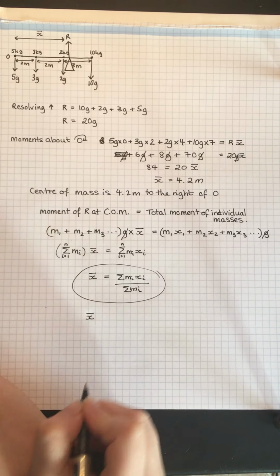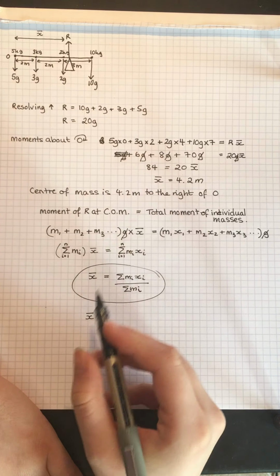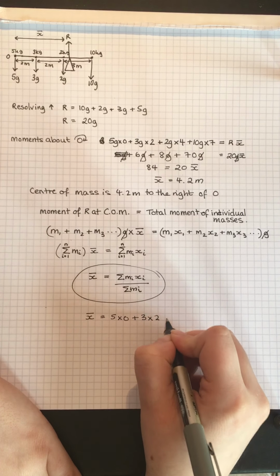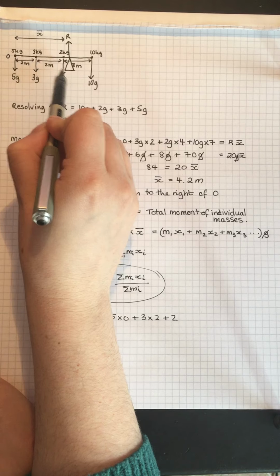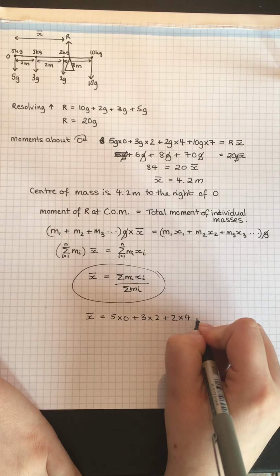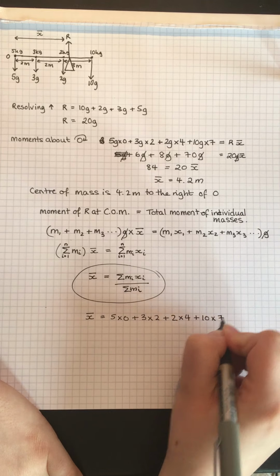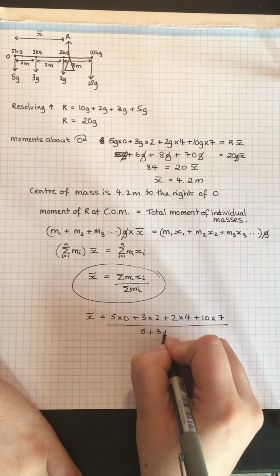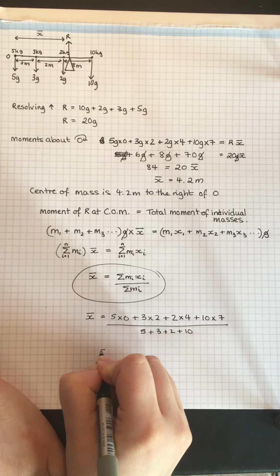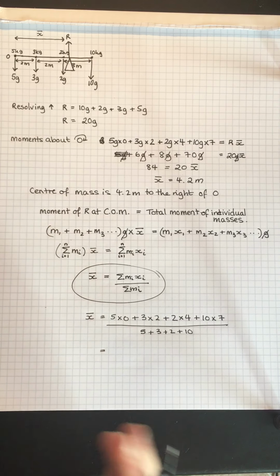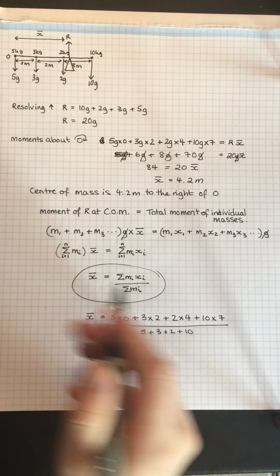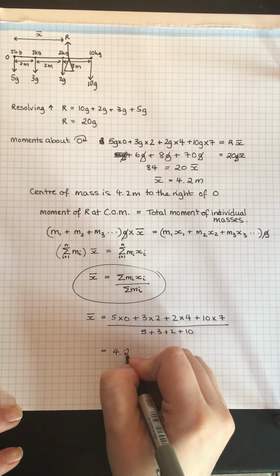So the centre of mass is equal to the masses times their distances, so that's 5 times 0 plus 3 times 2 plus 2 times 4 meters away, plus 10 times 7, divided by the total mass, 5 plus 3 plus 2 plus 10, and then straight away that will give us, obviously it's the same calculation, exactly the same answer, 4.2 meters.